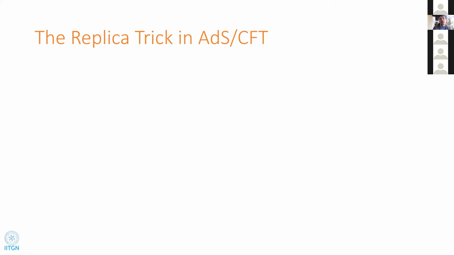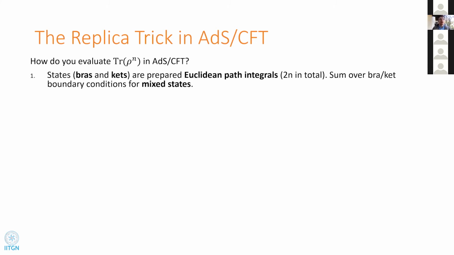Okay, so particularly in AdS/CFT, this gives us a set of rules for computing von Neumann entropies. The first thing we need to do is work out how to evaluate trace of rho to the n. I'm going to start by talking about what you do on the boundary side. So in general, states in AdS/CFT are prepared using Euclidean path integrals.